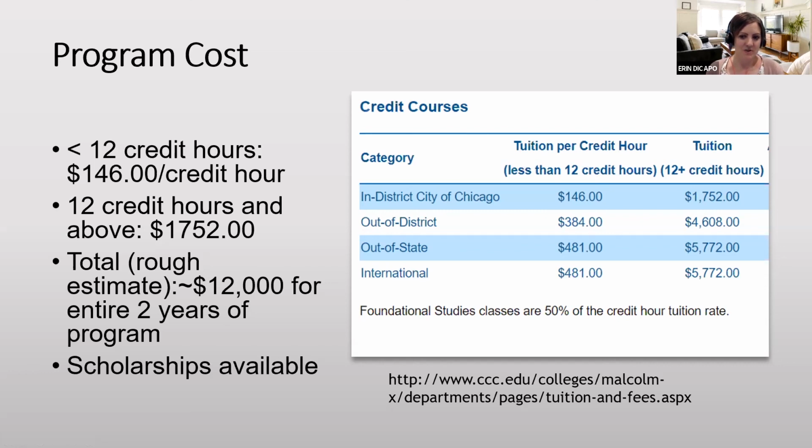The program is 68 credit hours in total, so you would adjust that for your personal situation, and then for whether you live in Chicago or not.